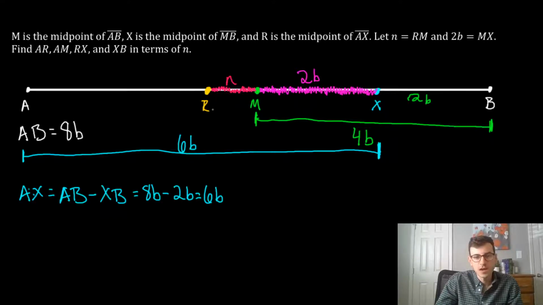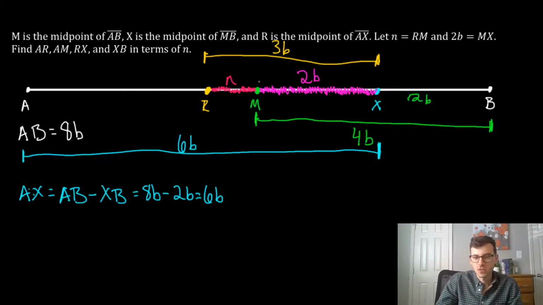So if AX is 6B and R is the midpoint of AX, then RX is 3B.